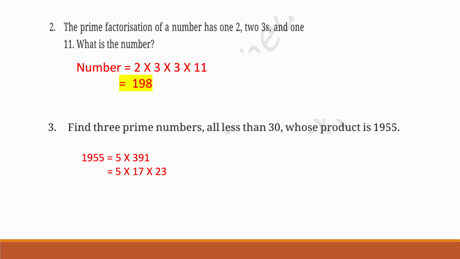Then 391 we can rewrite as 17 into 23. So the prime factorization of 1955 is 5 into 17 into 23. Here 5, 17 and 23 are prime numbers. So the 3 prime numbers are 5, 17 and 23.